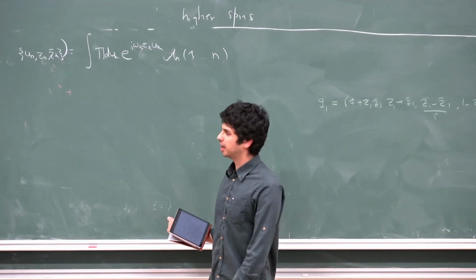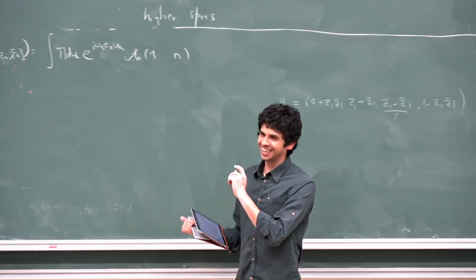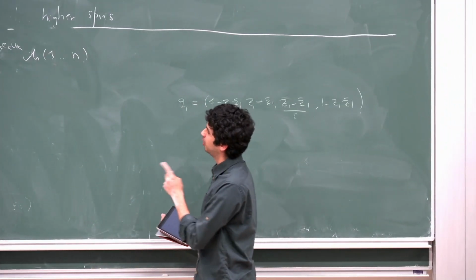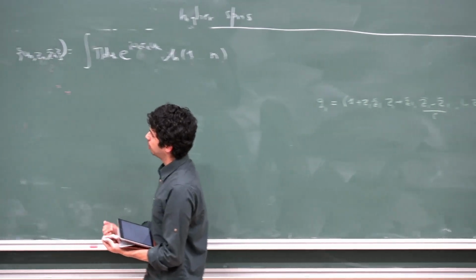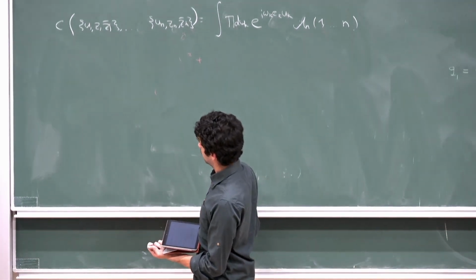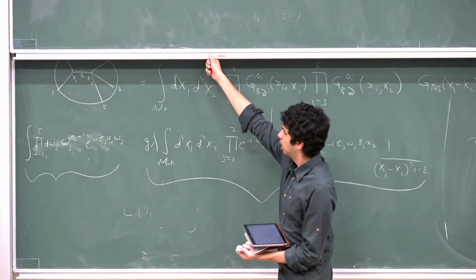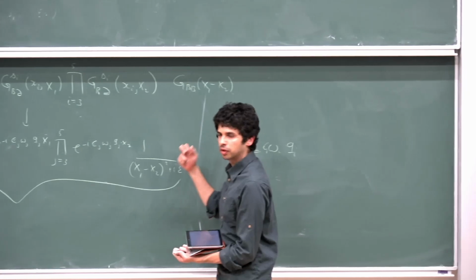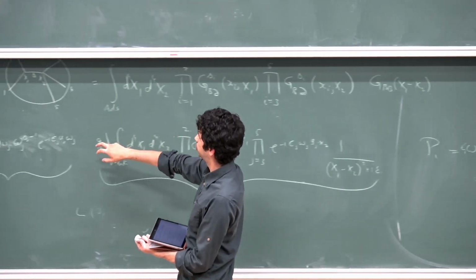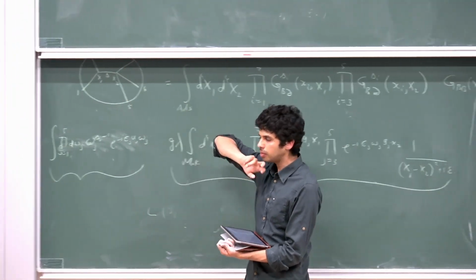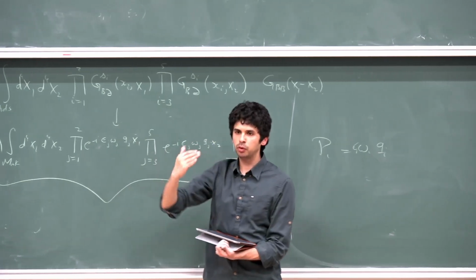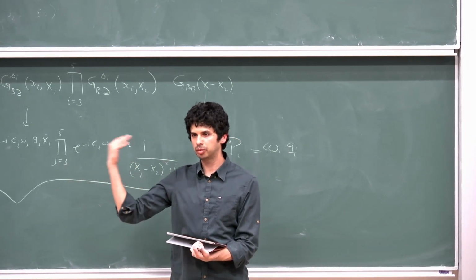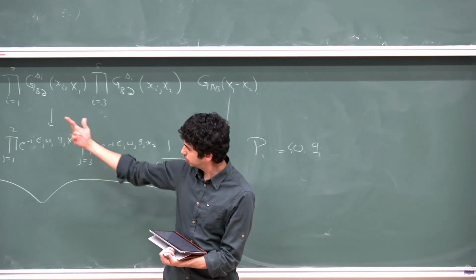Because this is a celestial day, I should add that these Carrollian amplitudes can be thought of as amplitudes you get when, instead of scattering plane waves, you scatter these position eigenstates at the boundary. So in that way, you can just view it as a change of basis from momentum space to position space.